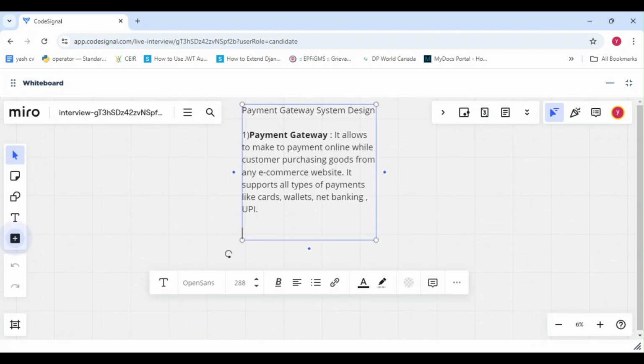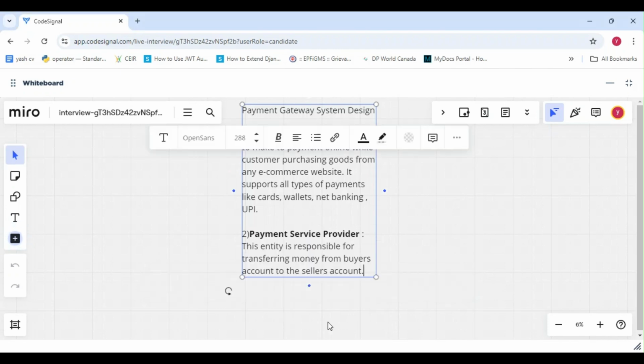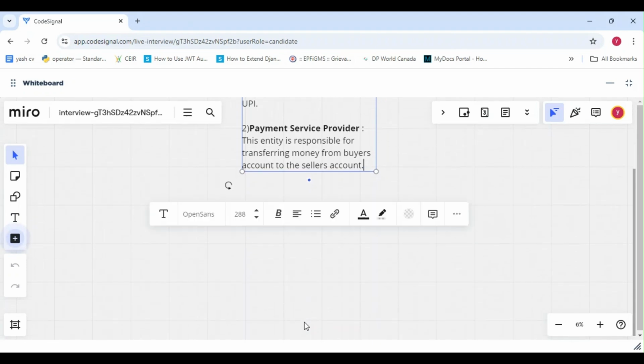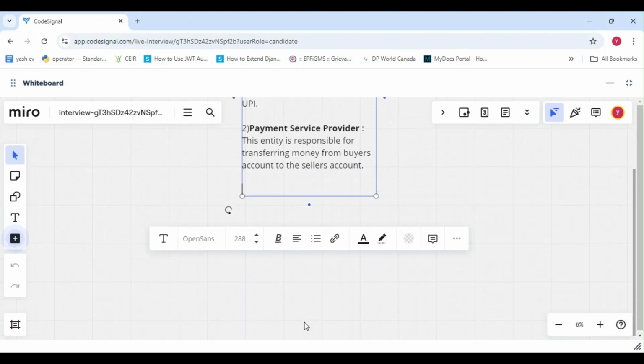Then the second thing is the payment service provider. The payment service provider is responsible for transferring money from the buyer's account to the seller's account. Then we have the acquirer bank.